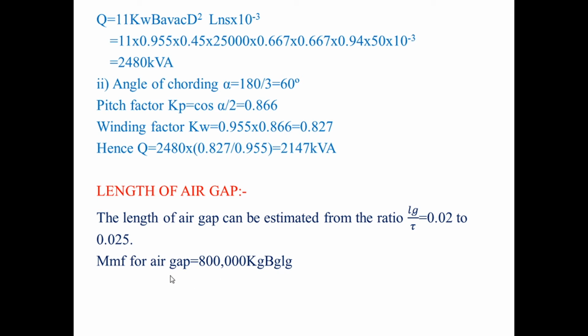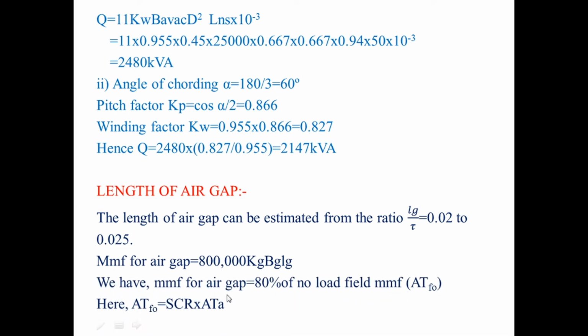So we have the MMF for air gap expression as 800,000 kg Bg into Lg, where kg is the gap contraction factor, Bg is the maximum flux density in the air gap, and Lg is the length of air gap. We have already learned that the MMF for air gap is around 80% of the no load field MMF, that is ATF naught.